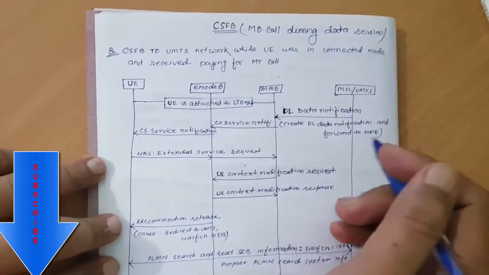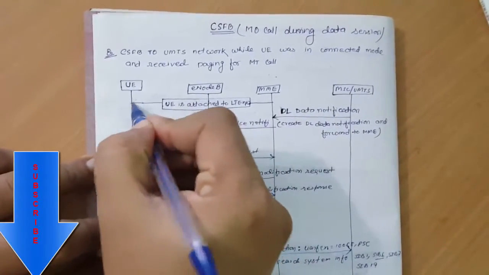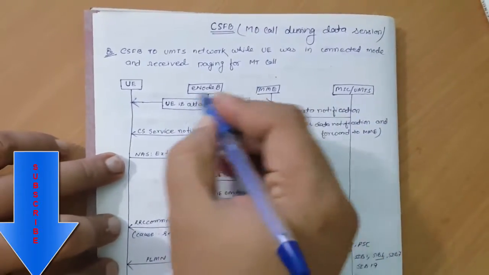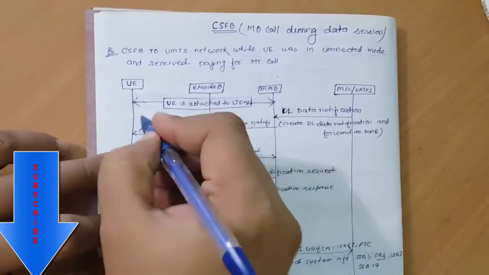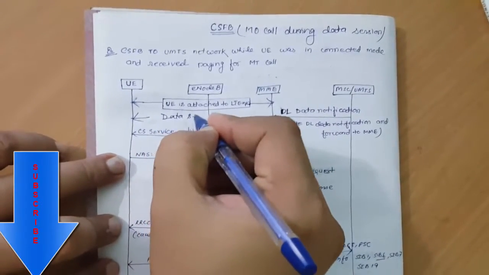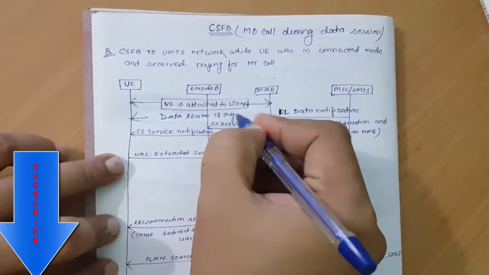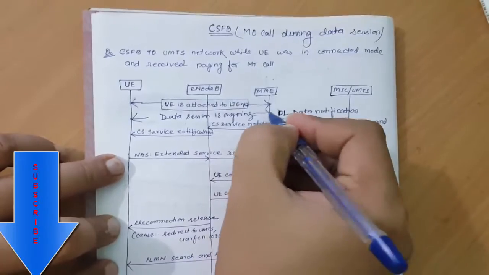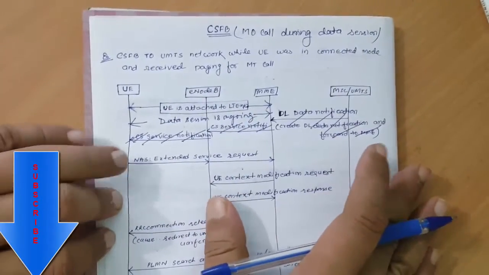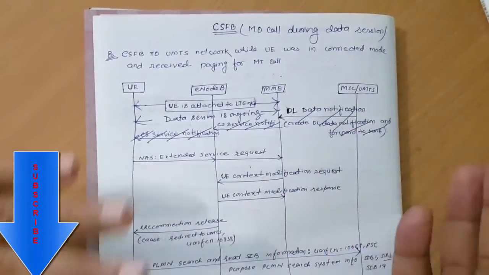Now we will see in the call flow what happens. The UE is already attached to the LTE network and the data session is already ongoing.